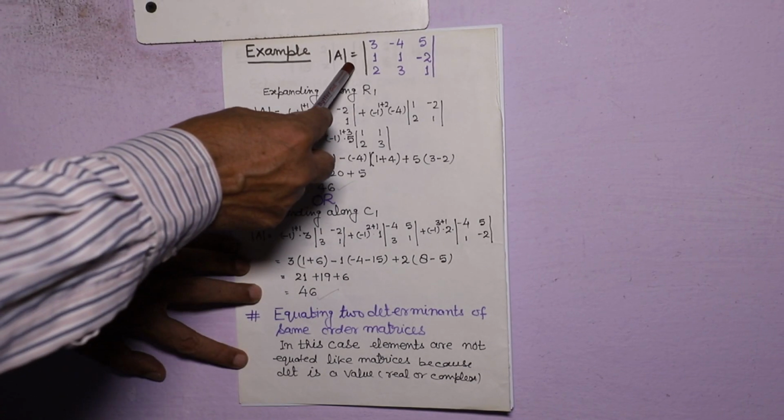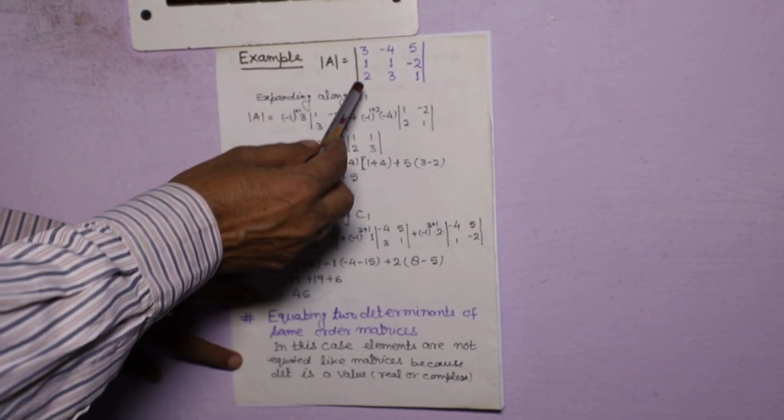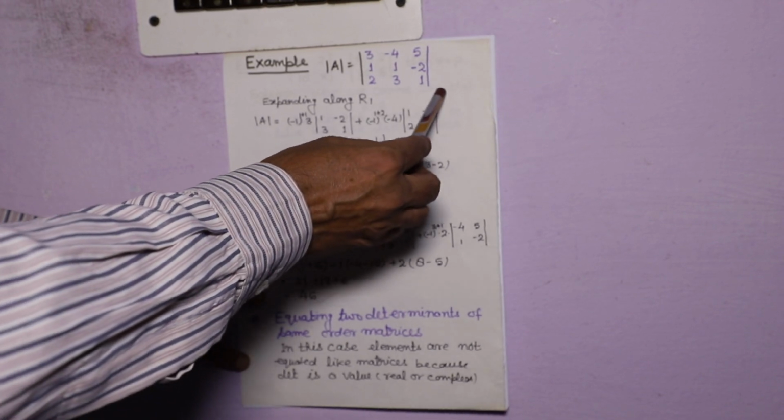Example: let determinant A be 3 minus 4 5, 1 1 minus 2, 2 3 1.